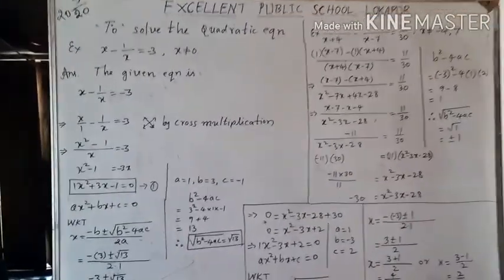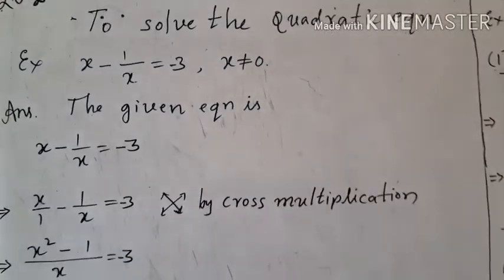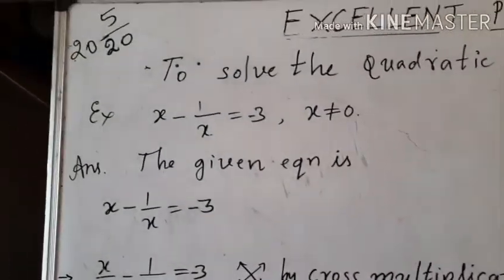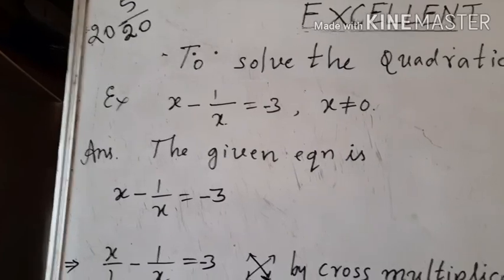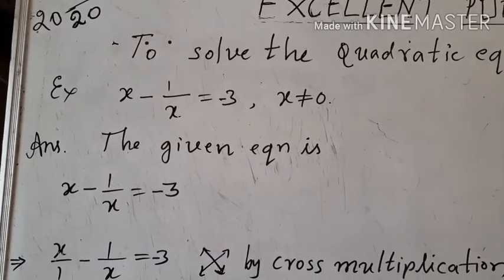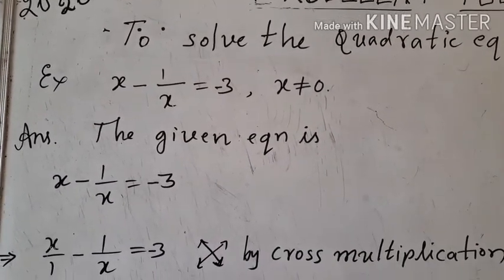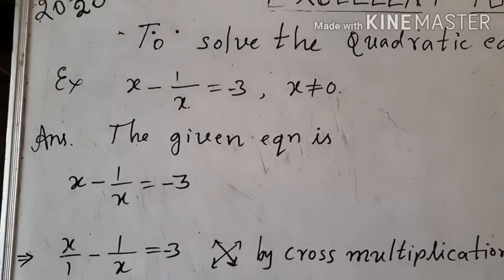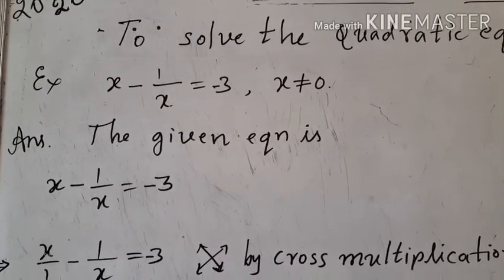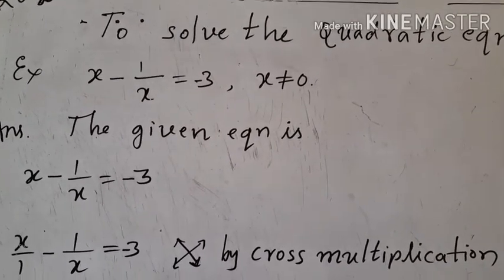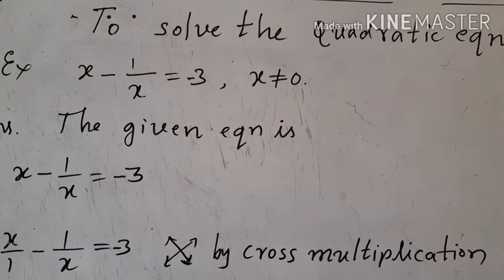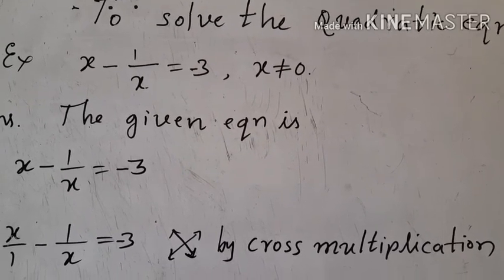To begin with, let us start with an example. So far, the equations given to you were in the standard form. Therefore, you were able to find the roots of those equations.